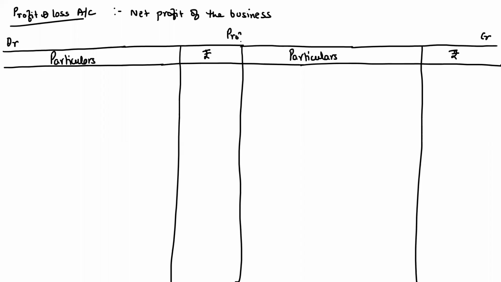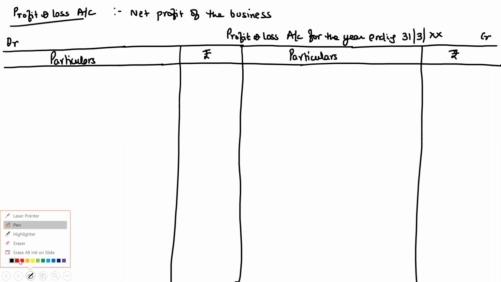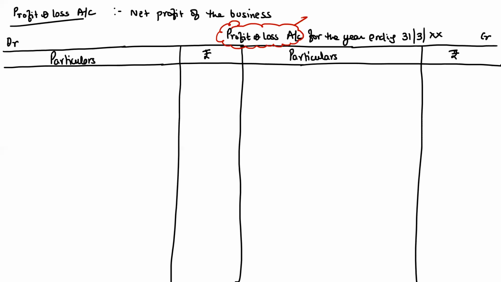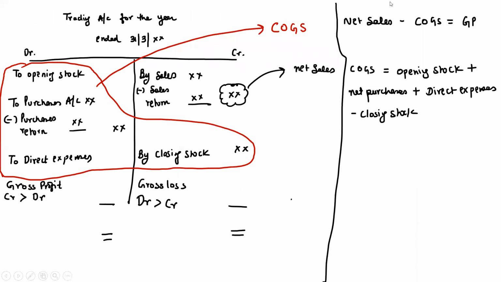And again, profit and loss account is made for an entire year. So profit and loss account for the year ending 31st March. Before that, profit and loss account is a nominal account, and even trading account is a nominal account.